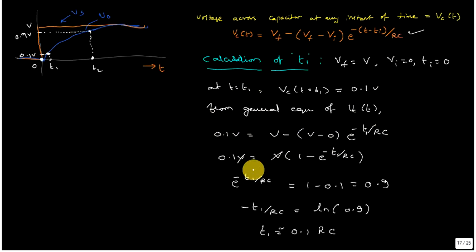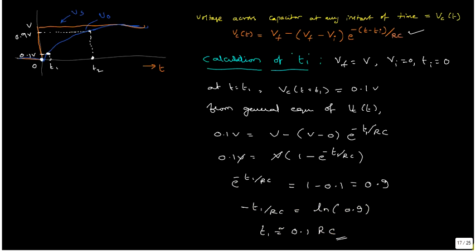After simplification, e power minus T1 by RC is equal to 0.9, and take the natural logarithm on both sides. So e and natural logarithm cancel. Minus T1 by RC is equal to natural logarithm of 0.9. So T1 will be equal to 0.1 RC. This is what we can find.